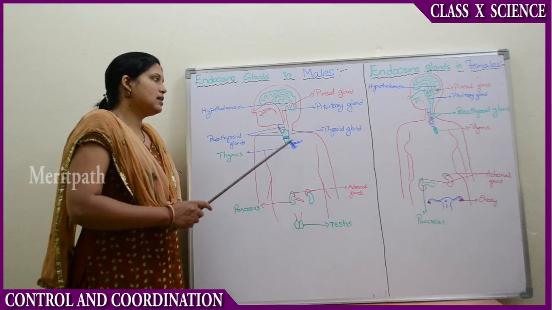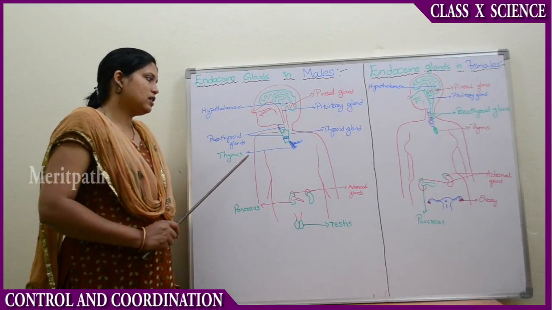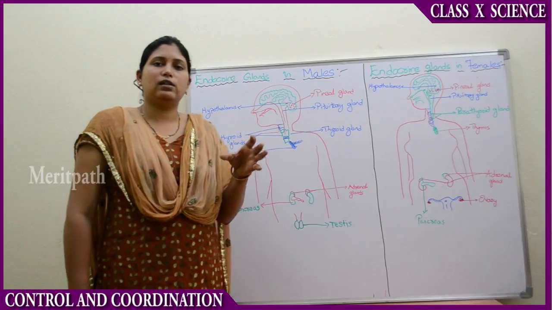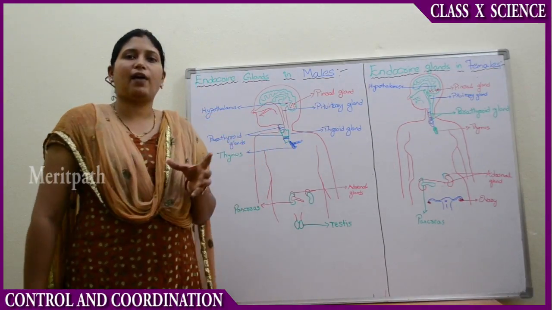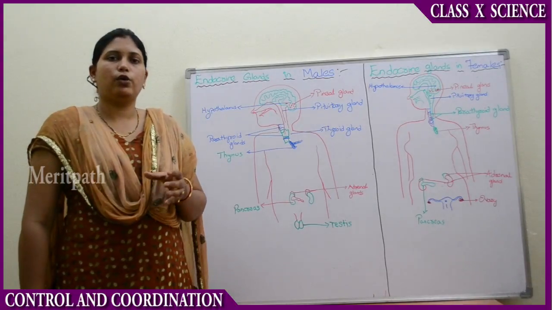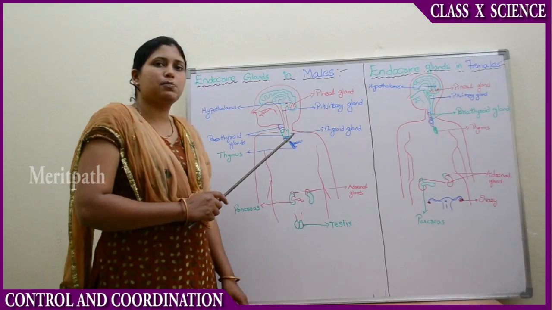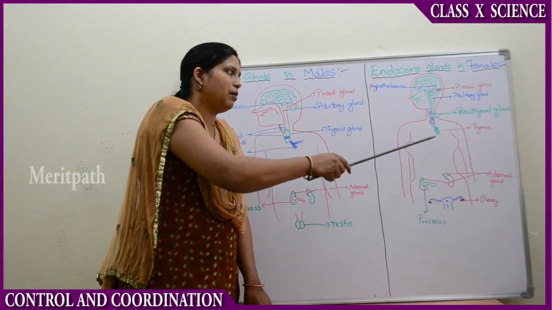So next there is the thymus. What is the function of the thymus? At the onset of puberty, the thymus secretes humoral factors. It is present both in males as well as in females.